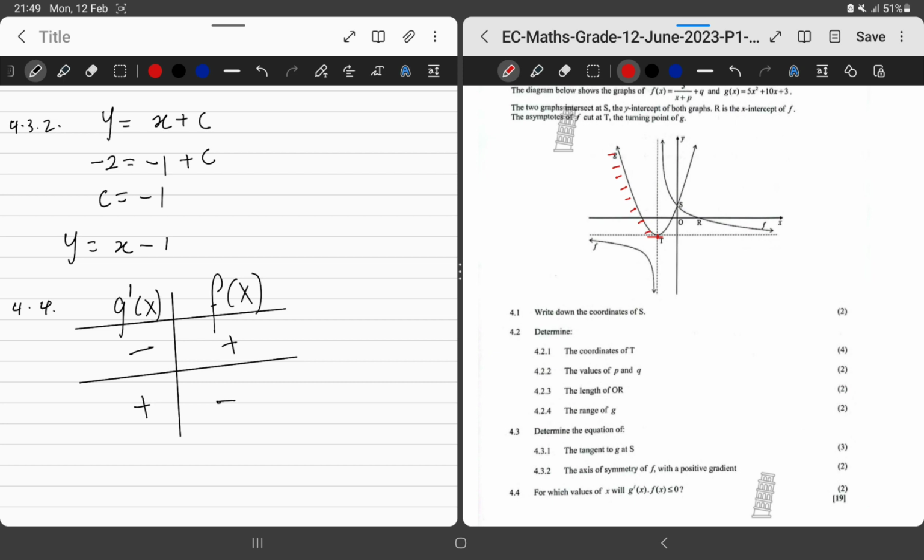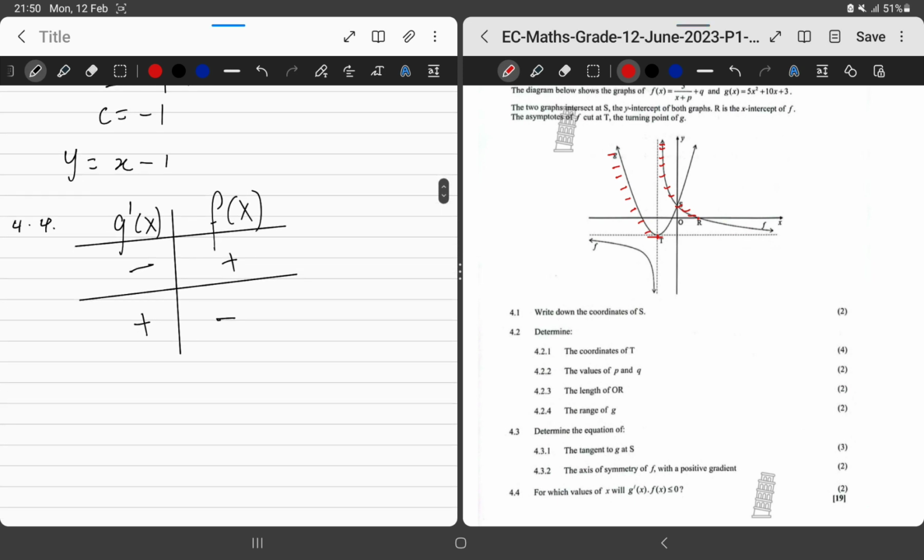Well, f is positive from here going upwards. Okay, so this doesn't really satisfy. So the first scenario doesn't really work. Okay, let's check the second one.